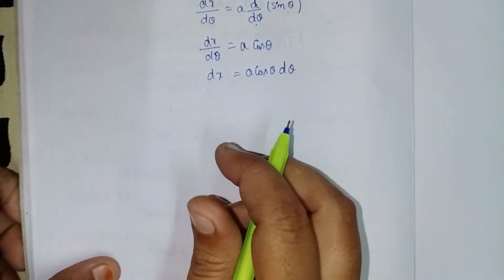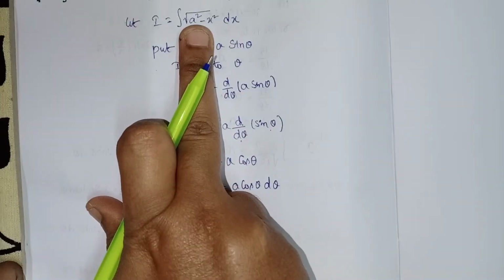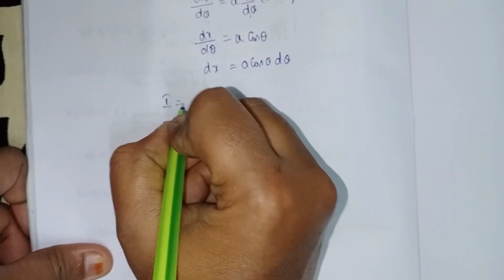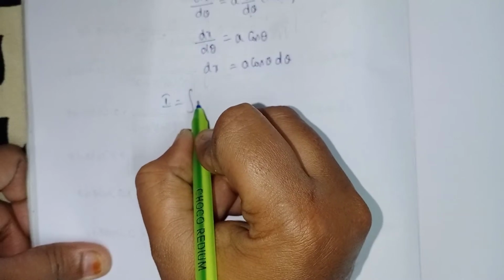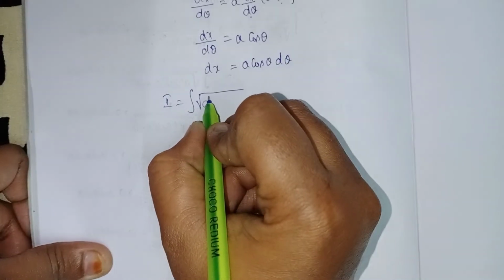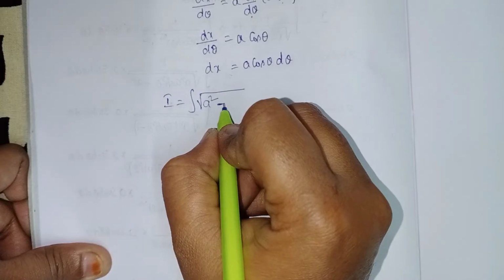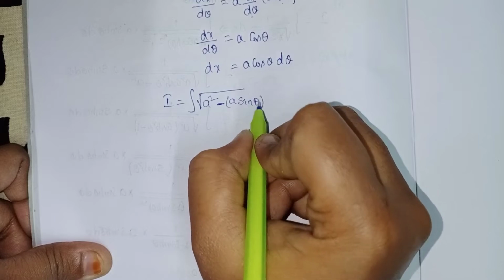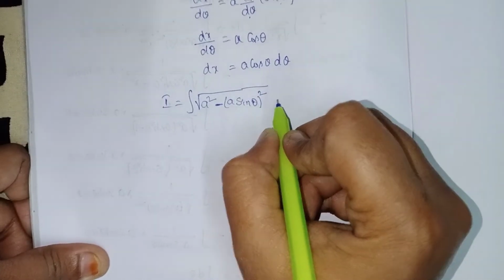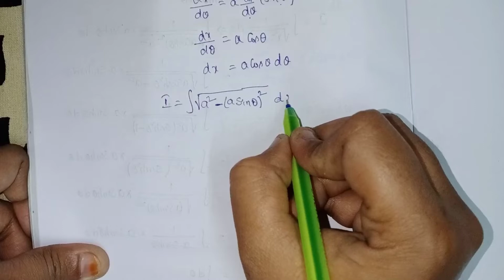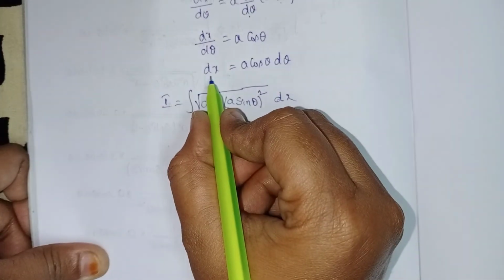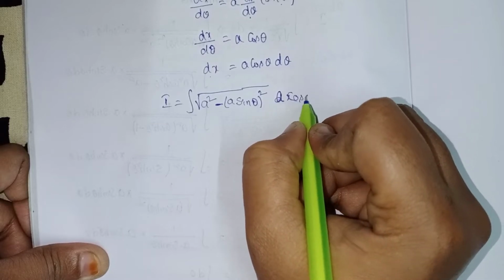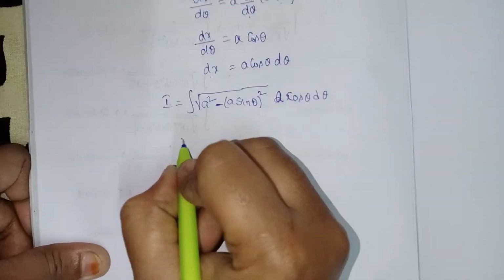See beta, here I equals the integral of square root of a square minus x square dx. In the place of x we take a sine theta whole square, and in the place of dx we write a cos theta d theta.